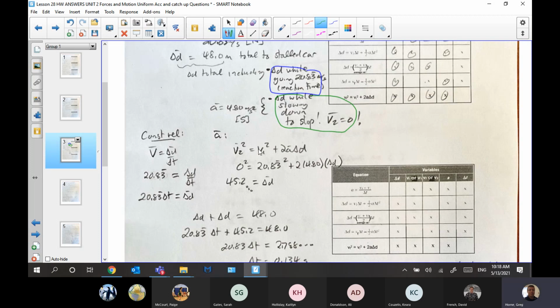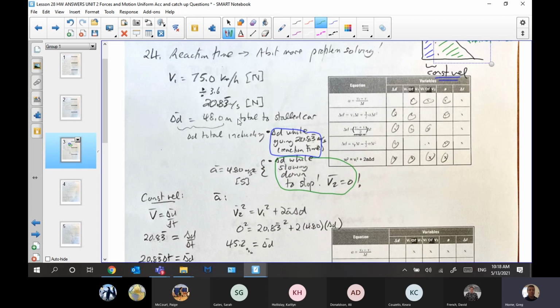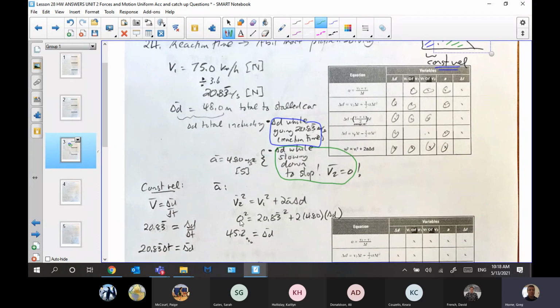And then we know that the final velocity is 0. The initial velocity is of course the 28.3, and we know the acceleration, and we can solve for delta d basically, right? How far you'll travel while slowing down.